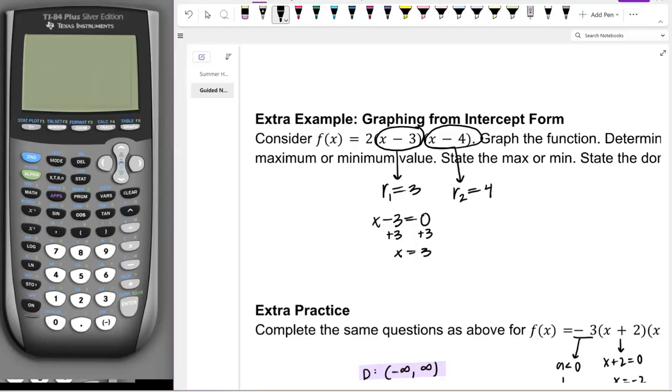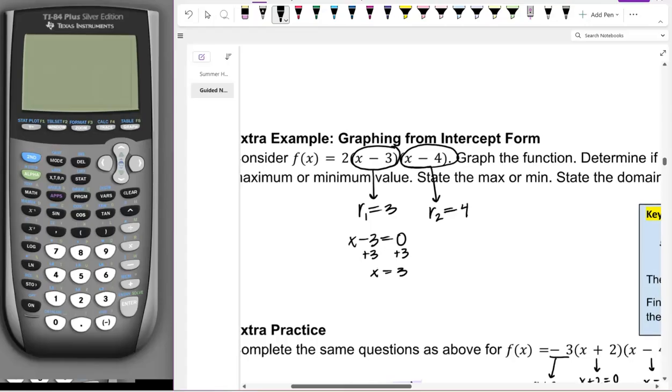After that, I can figure out where the vertex is by averaging those two values. So I can find the x value of the vertex by averaging. Remember, average means you add the values together and divide by how many values there are.